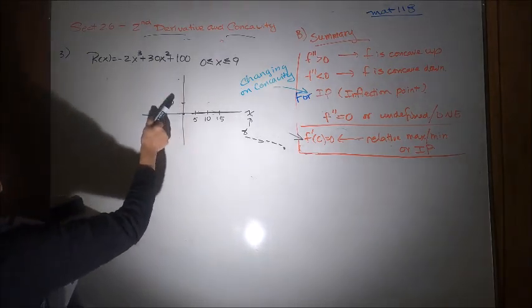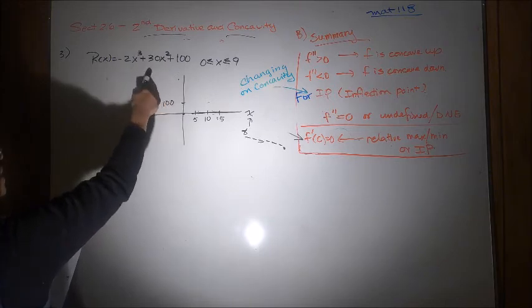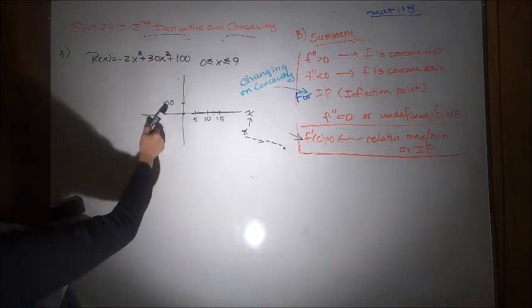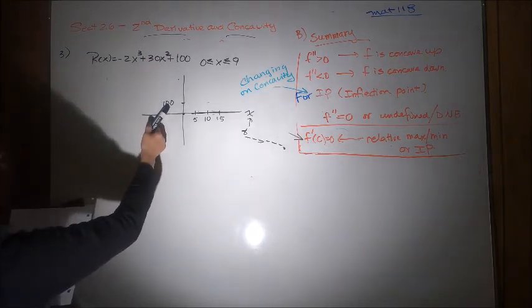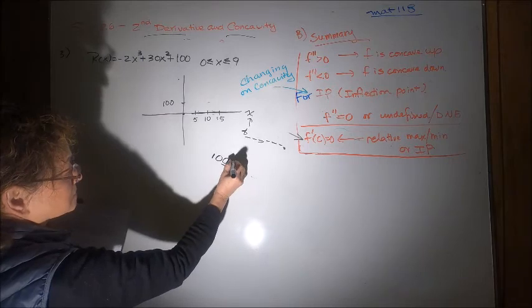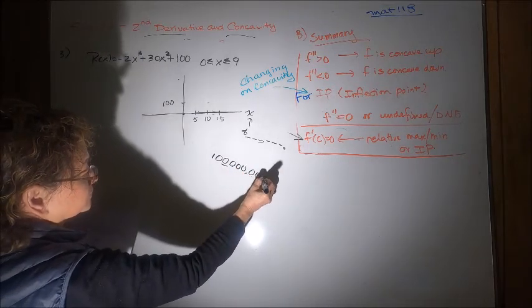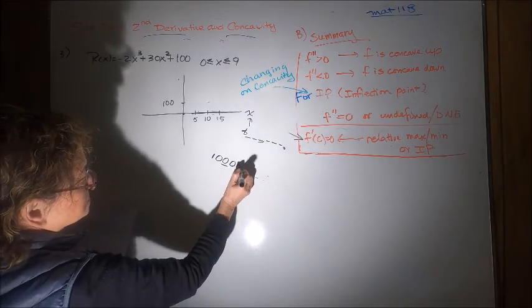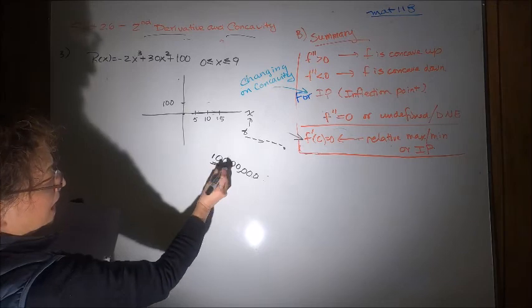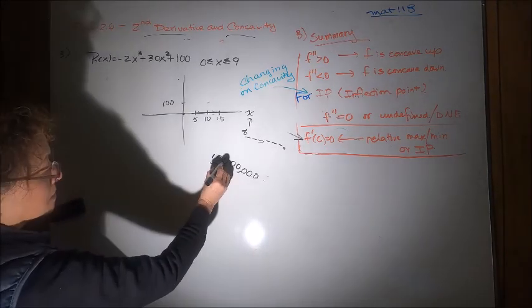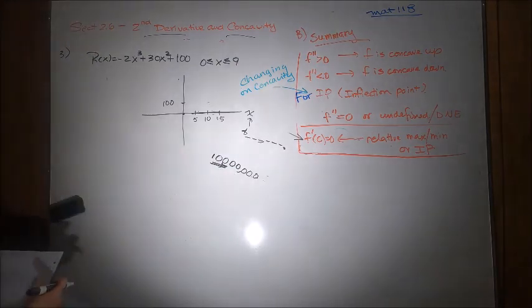If x is 0, if they invest $0 in advertising, they get $100,000. So that shouldn't be this one. So that would be 10 million. That's what it means.